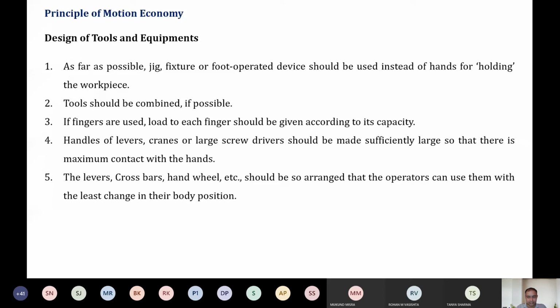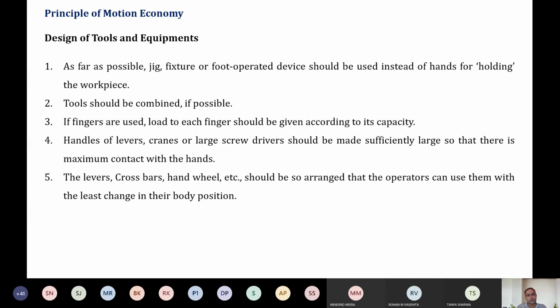Then the arrangement of levers, crossbars, and handwheels should be arranged in a particular order depending on the body position. The best example is the arrangement of gears in your automobile.